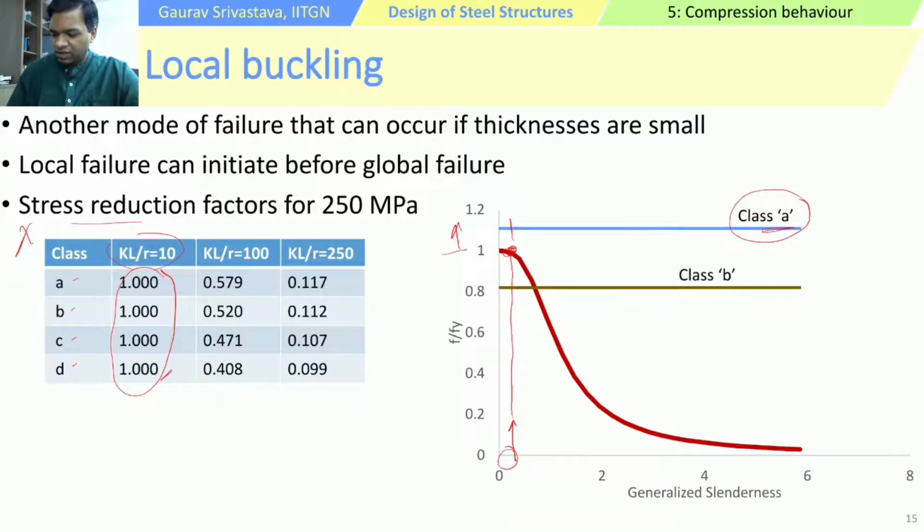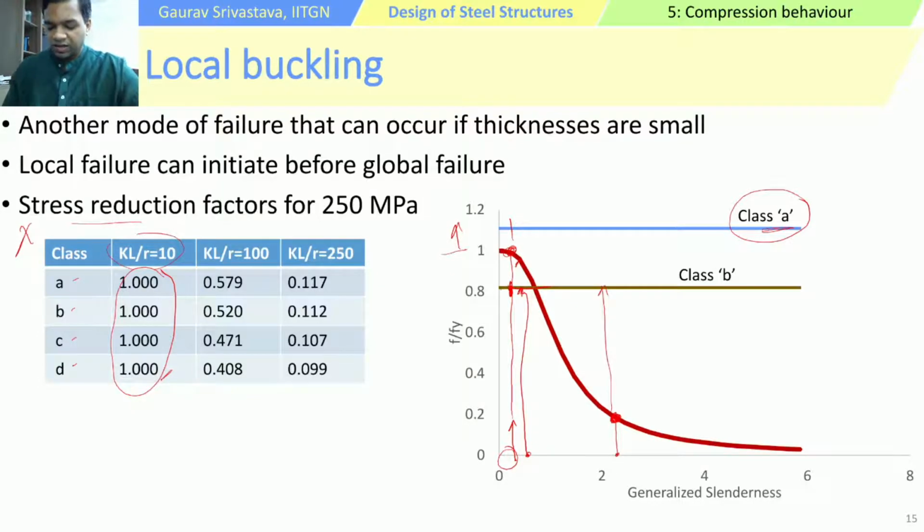Whereas, let's say, for class B, right? So for class B, it is possible that now I think this should not start from here, maybe somewhere from here, right? So for class B, there are certain portions where, if you load, the local buckling will occur first before reaching the full strength, right? And there are some portions where the global buckling will happen first before reaching the local, right?